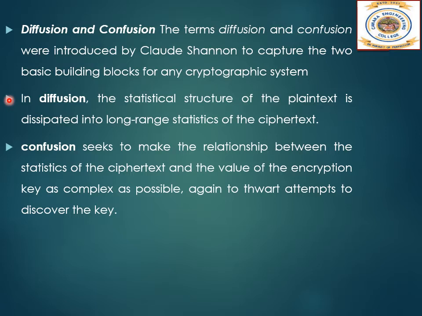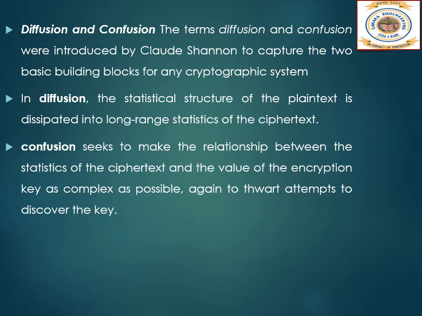On the other hand, confusion seeks to make the relationship between the statistics of the ciphertext and the value of the encryption key as complex as possible, again to thwart attempts to discover the key.